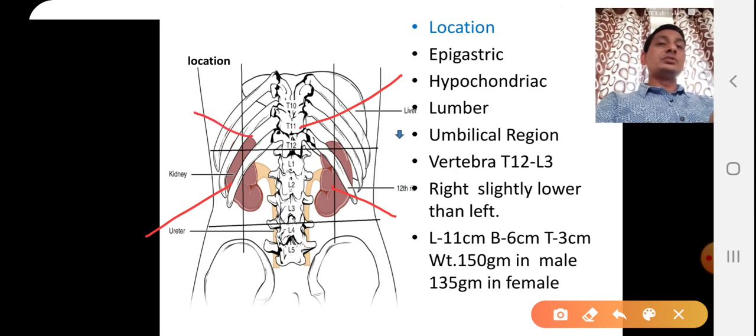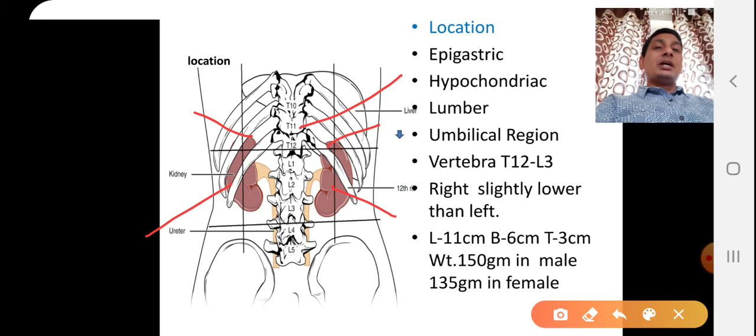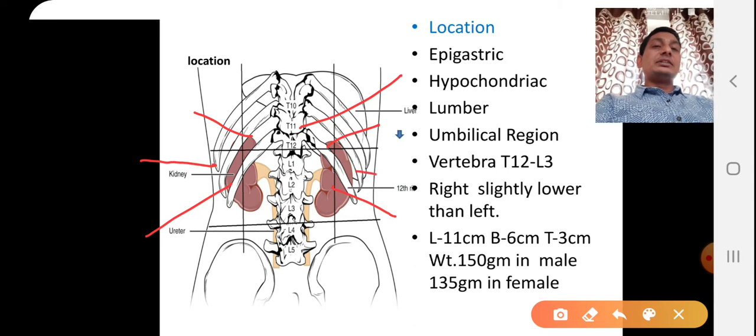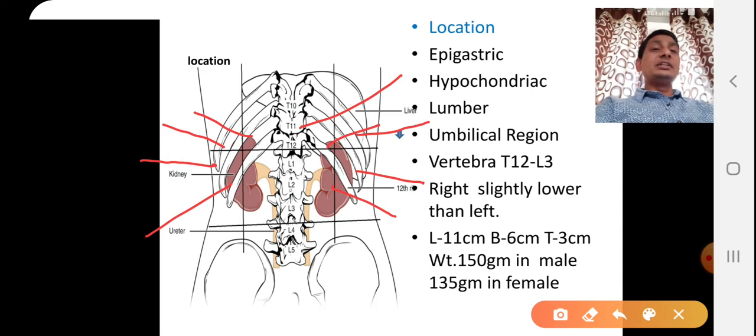This part goes into the epigastric region, and then on the right and left, this is the left lumbar and this is the right lumbar region. Then the hypochondriac region, some part of the left kidney goes into the left hypochondriac, and the right kidney into the right hypochondriac. Then the umbilical region.